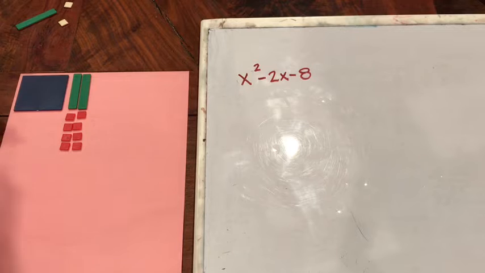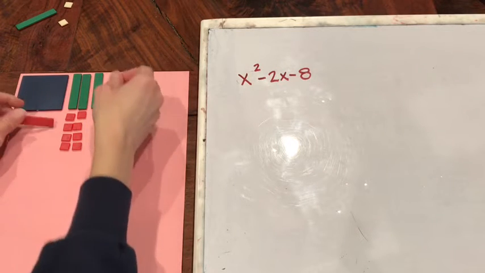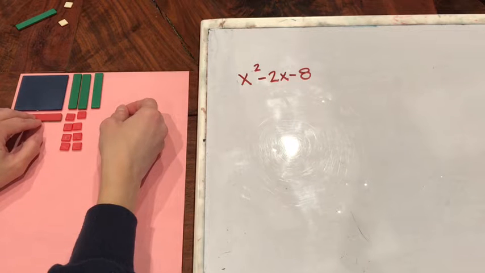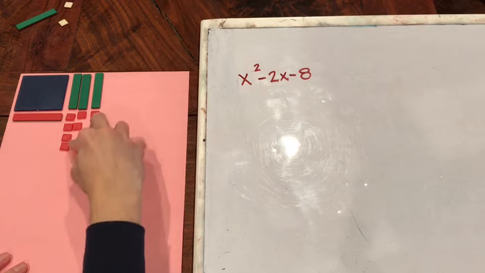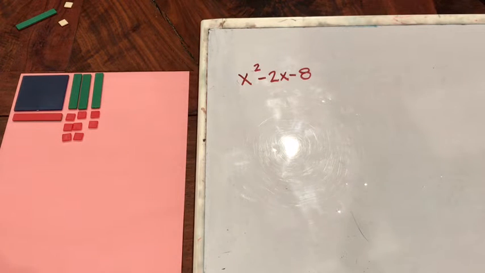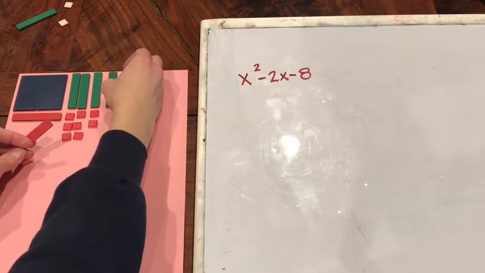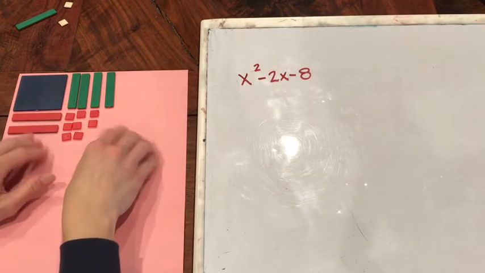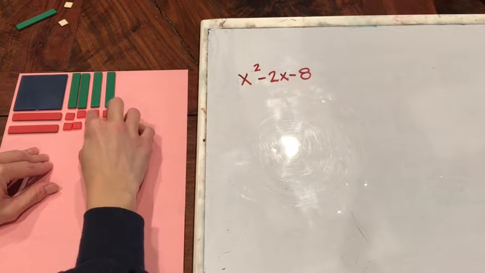Okay, if I add one set of 0 pairs, I'm going to want to put all the positives together and all the negatives together. Well, I could move these over here. I still have 2 extra ones. So if I add another 0 pair, and I put the positive ones up here and the negative ones here, I can move these right over here. And now I have a rectangle.